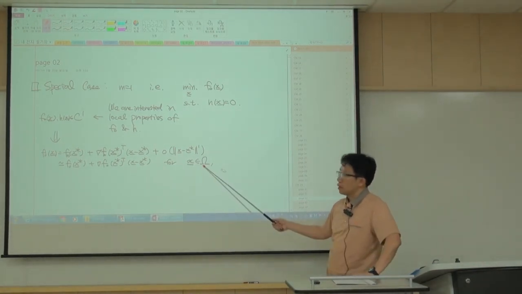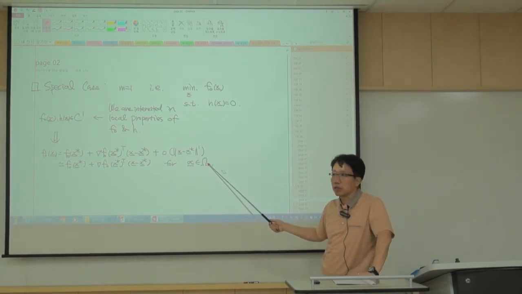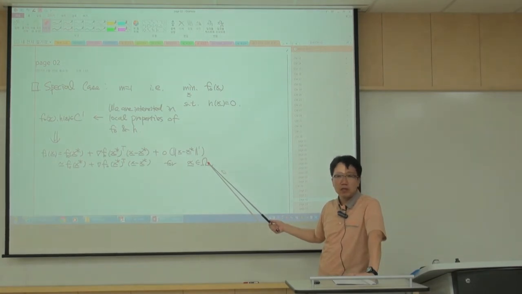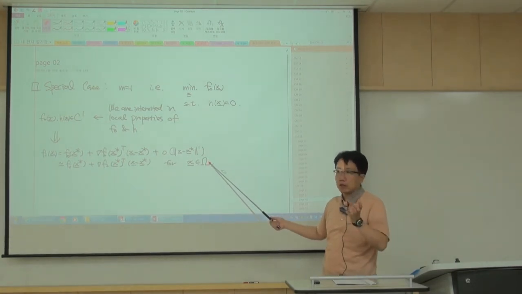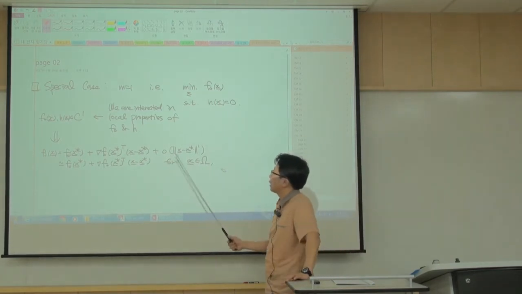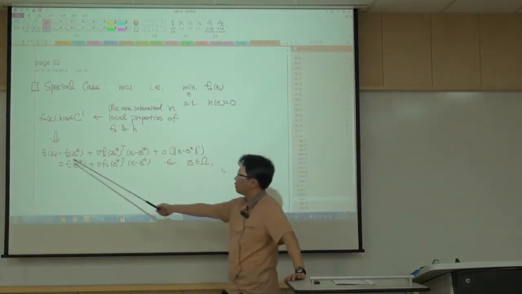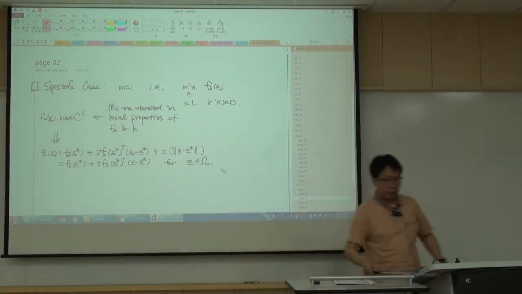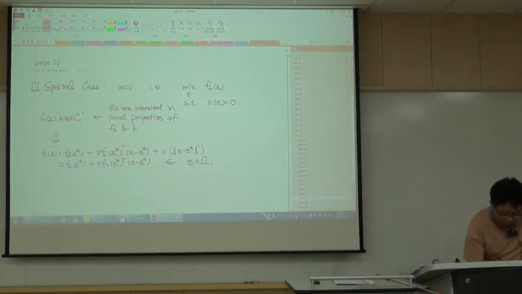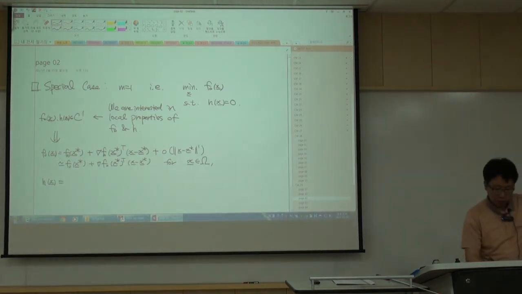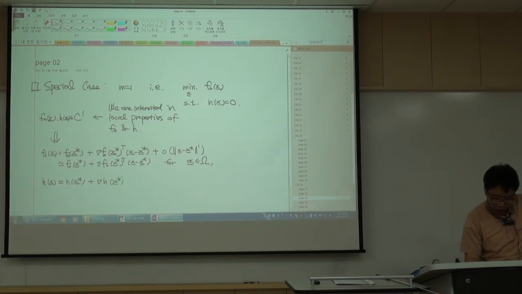Because the constraint set is an intersection of implicit and explicit constraint sets, where the implicit constraint set is what is contained in the domain of this function. So we can do this. Got it? Now we do the same thing for the equality constraint function. So check whether your expectation is correct.